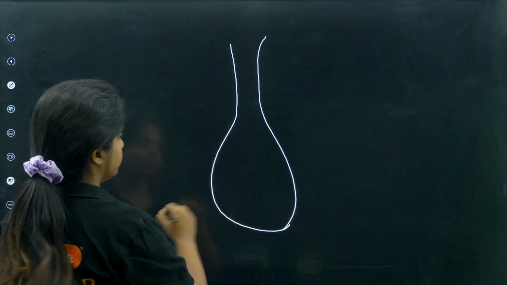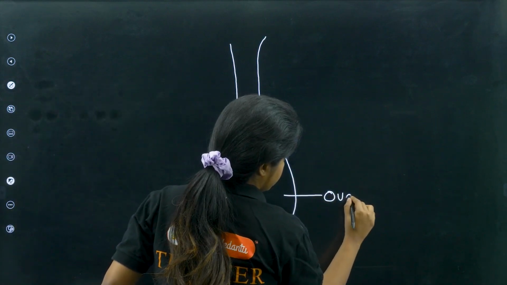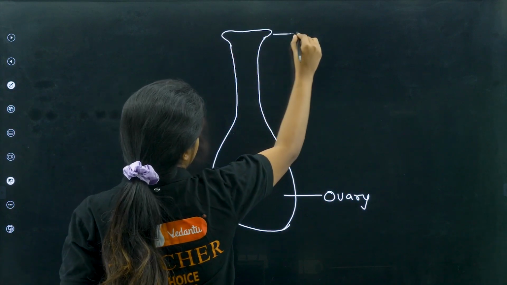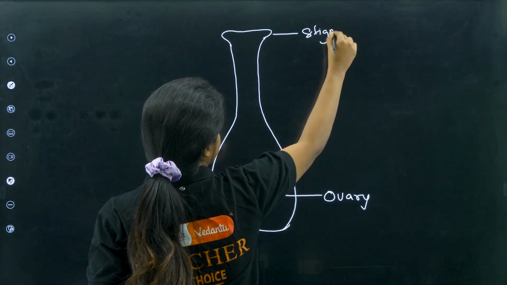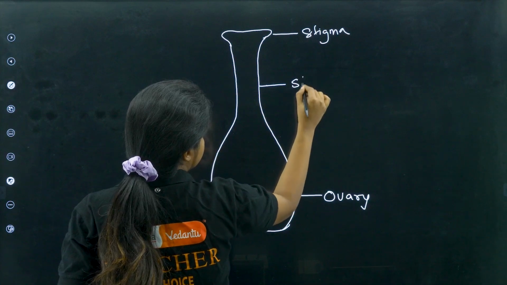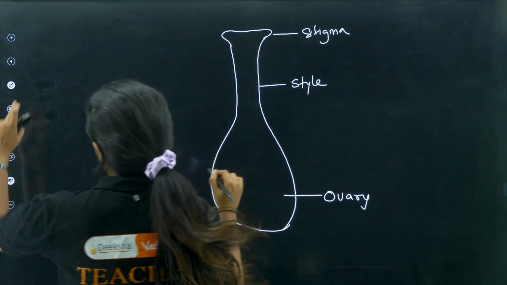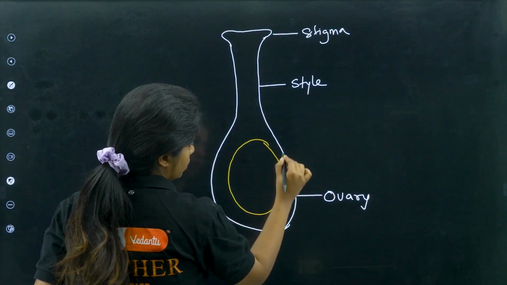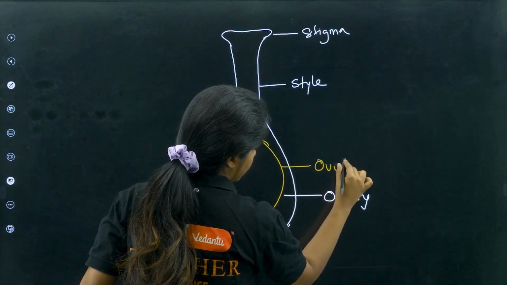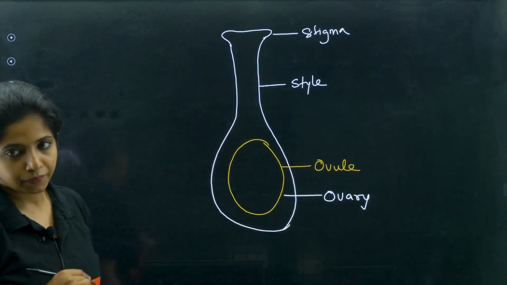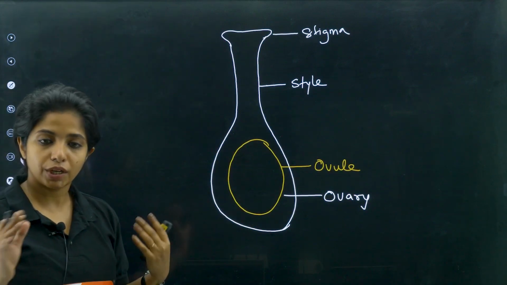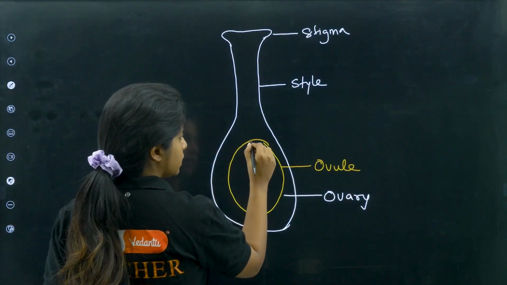This is the ovary. This is the stigma, this is the style. Inside the ovary, my dear children, what do you have? You have the ovule. I explained in yesterday's class, but still, okay. Now, inside the ovule, after some division takes place, there are certain cells.